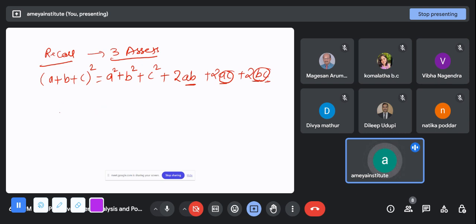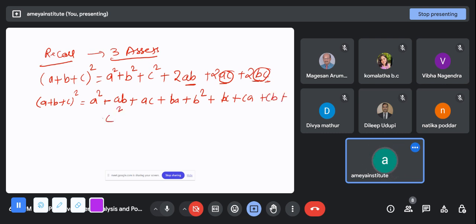This also can be written like this: (a plus b) square is nothing but a square plus AB, that's the first concept, right? AB plus, we can make the combination of AC, then plus BA plus b square plus BC, plus one combination of CA plus CB plus c square, right?